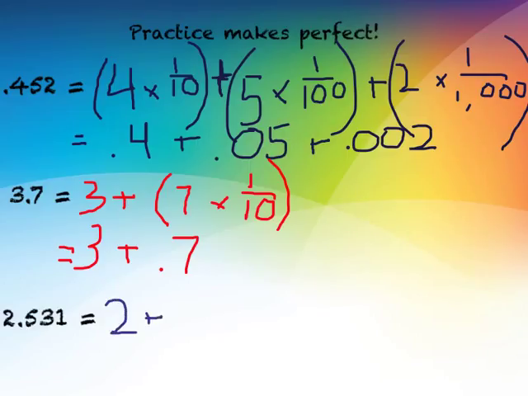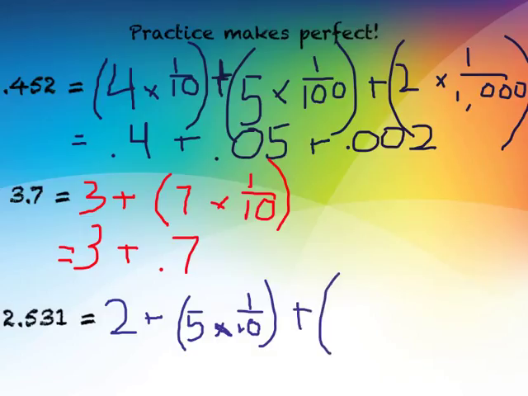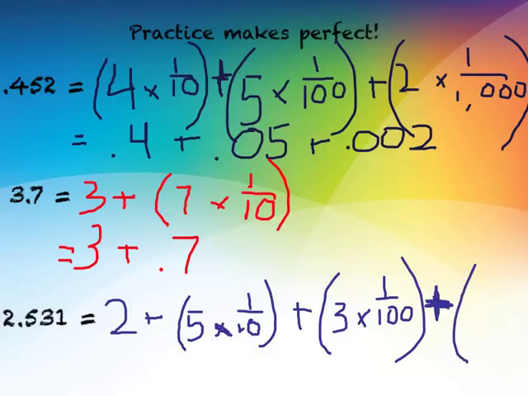Then I add it to 5 times, that's in the tenths place, so 1/10, plus 3 times 1/100th, plus, and be careful with this one because the 1 in the thousandths place is just 1/1000th.